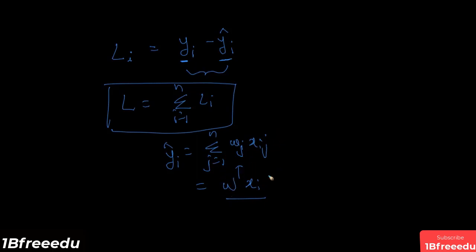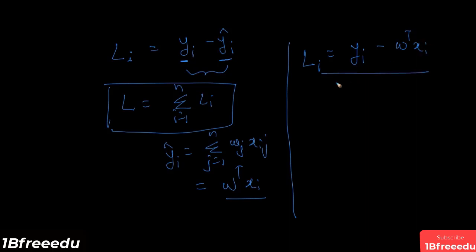So now if I write the loss for linear regression, li is equal to yi minus w transpose xi, right? So this will be the loss for linear regression.